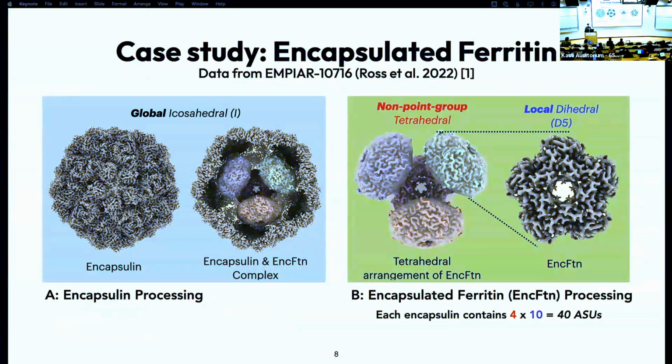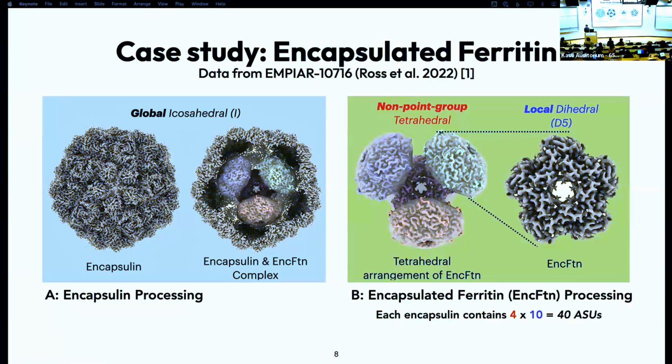I don't know off the top of my head how many fivefold axes are in an icosahedron. Maybe it's 12. Okay, there we go. I initially hoped that was the case when I was processing this, but no, they weren't. And so I had to use, well, we'll go into it. But yeah, it's a good question.